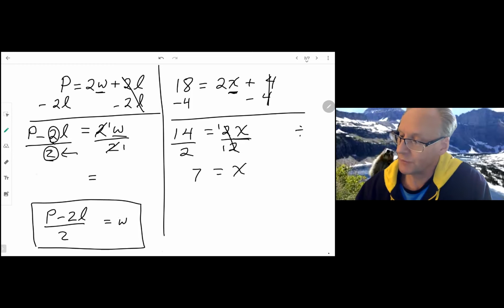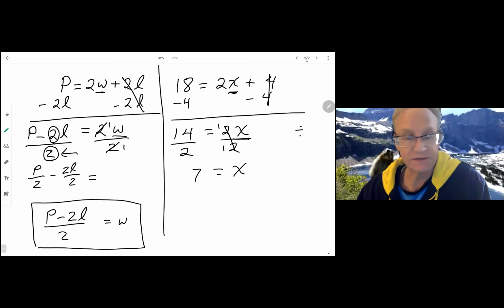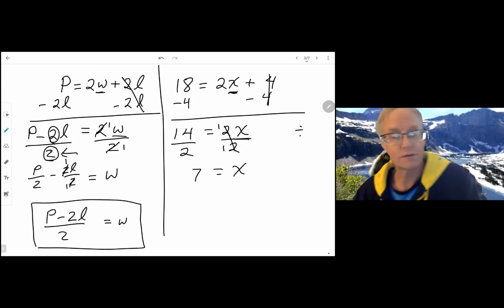So you would have to separate these fractions out: p over 2 minus 2l over 2. Notice that I separated out the fractions with a common denominator, and it's equal to w. And now the 2 can be canceled with the 2. So I end up with p over 2 minus l, or p minus 2l over 2. Both are correct. This is probably the most common answer that you're going to run across.